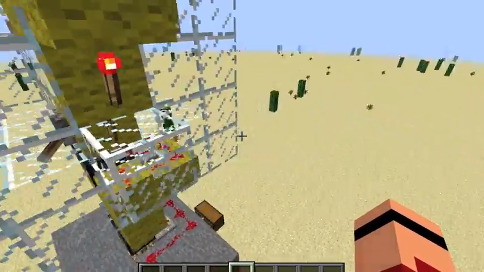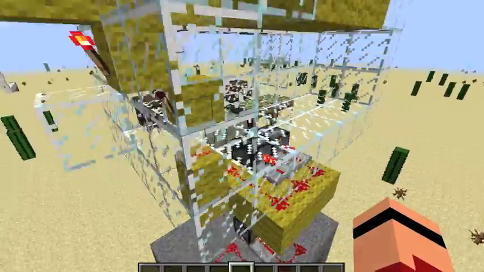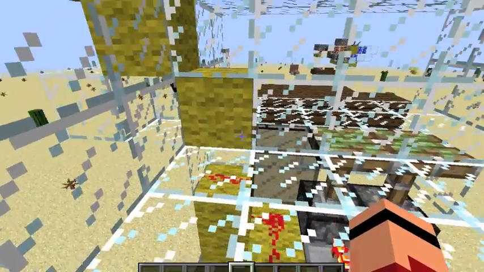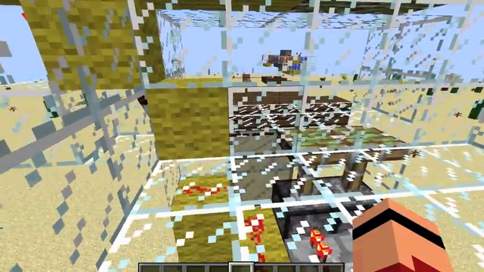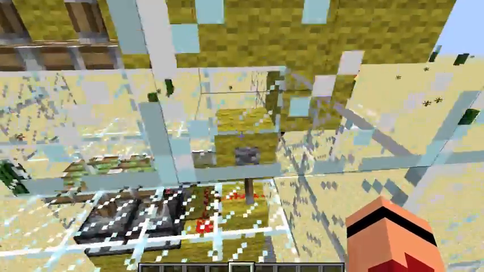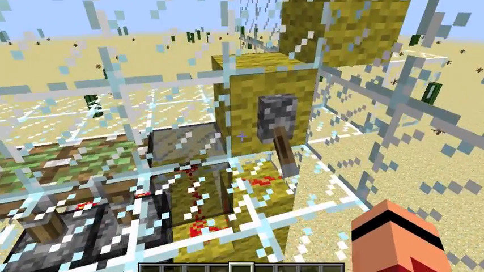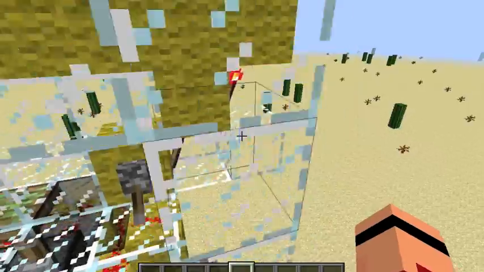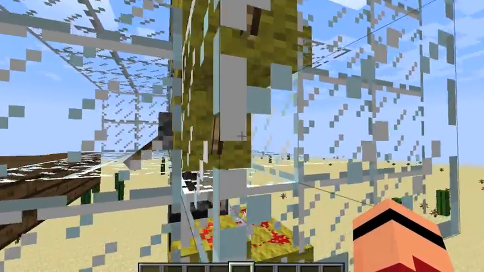It powers up things at once. First off, it's powering this block. When the block is powered, it's keeping this torch off.